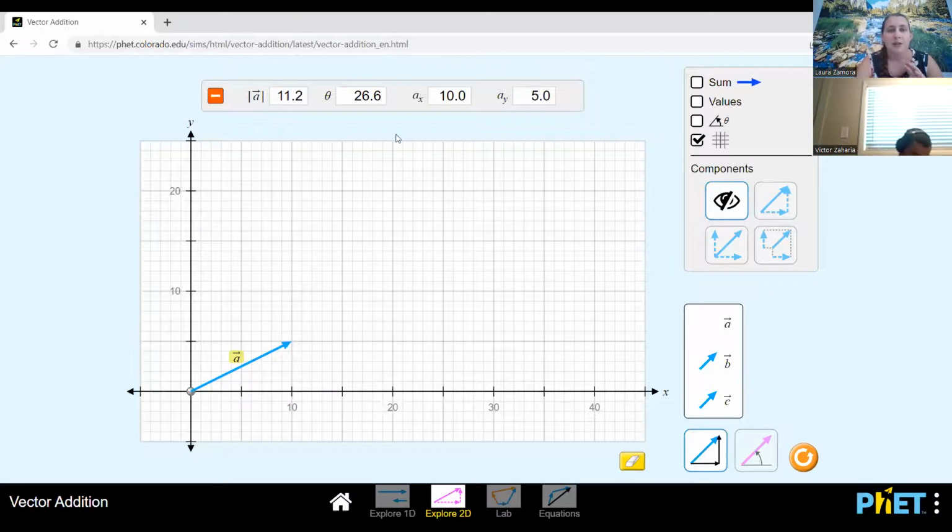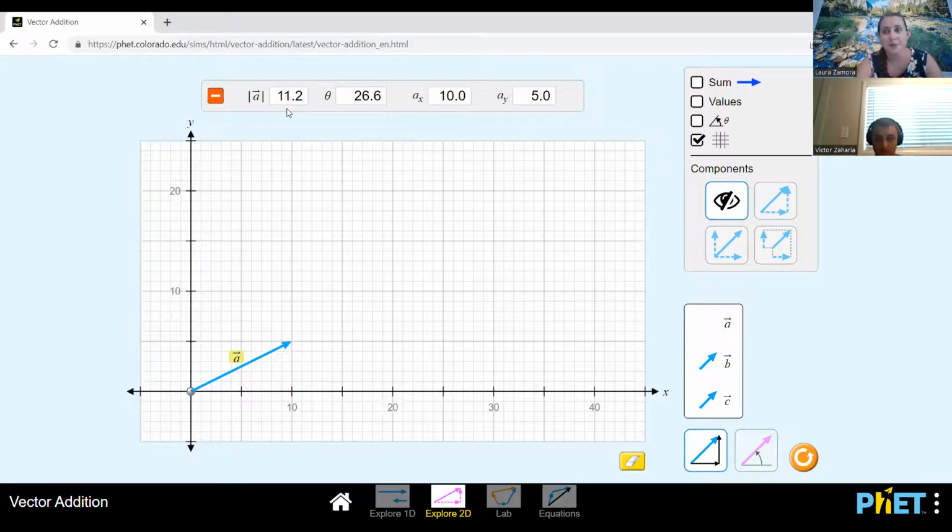Okay. Now, if we take a look at these numbers, 10 plus 5 is not 11.2, right? We can't just take these two components and add them together and say, oh, that's our magnitude. Nope, that's not how math works, unfortunately. So I'll show you in just a little bit how to do that sort of calculation.